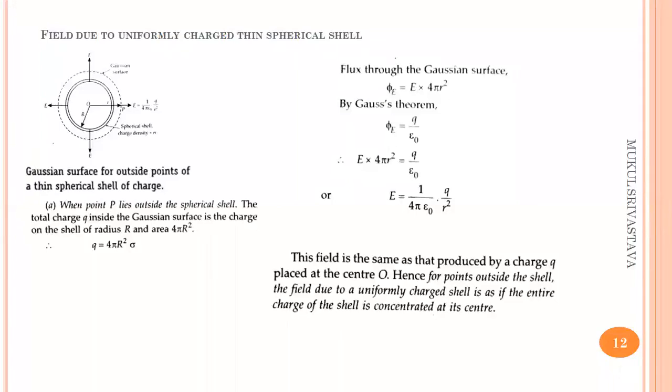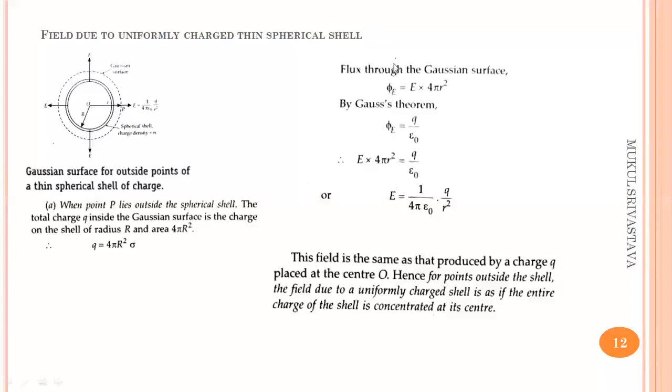We know that Q equals sigma A, where A is the area of the sphere, which equals 4 pi r square, and sigma is the surface charge density. Here, Q equals 4 pi r square sigma.